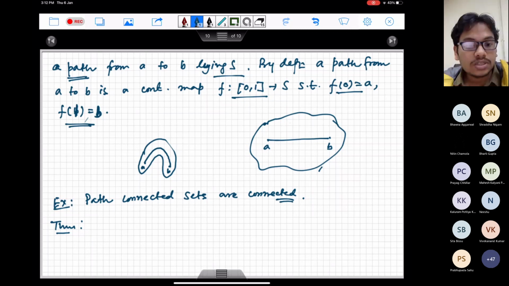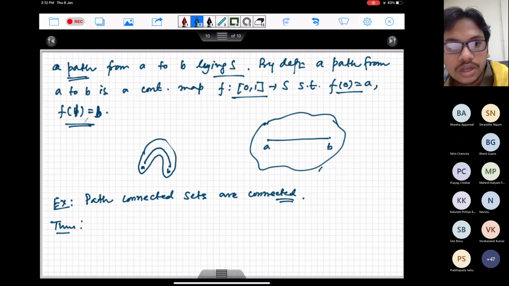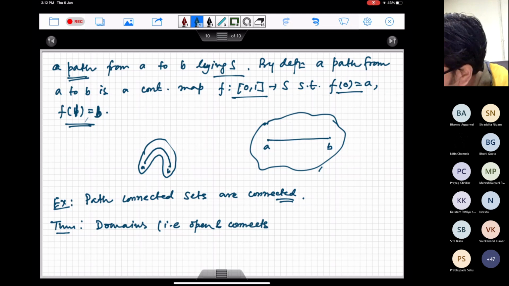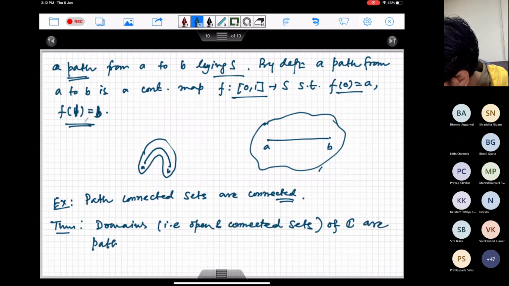It turns out that in C, domains, that is open and connected sets of C, are path connected.